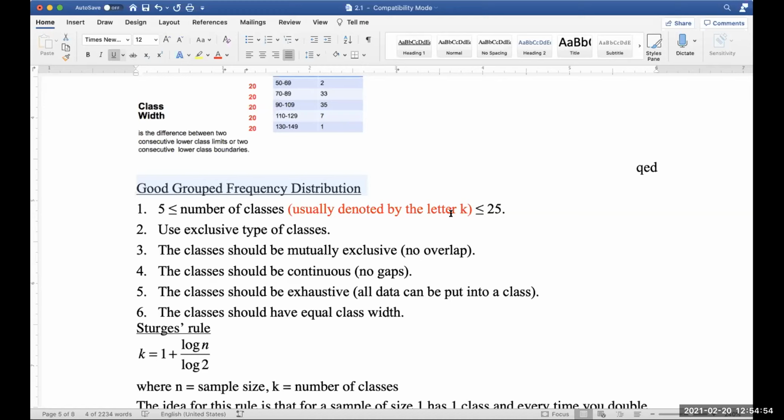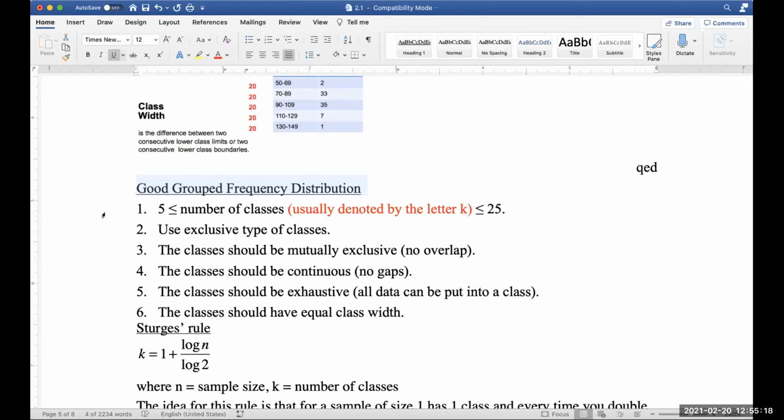If you have less than 5, then you really can't tell what's happening to the data because there's not enough numbers. If I group everything in one category, that doesn't tell me a lot. And certainly you shouldn't have more than 25. That's just too many numbers to look at.